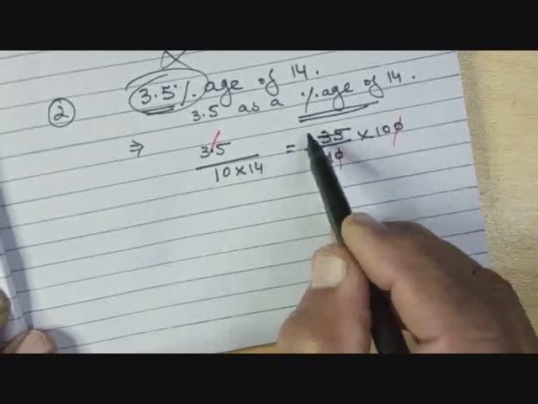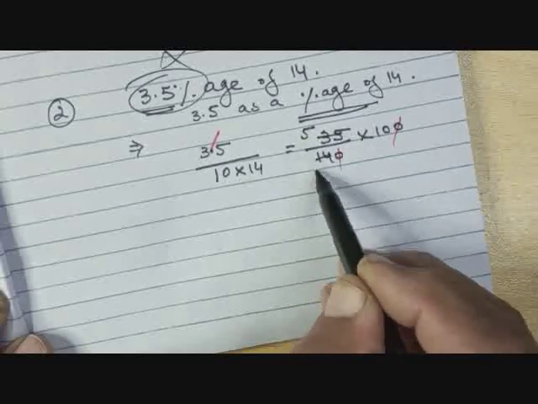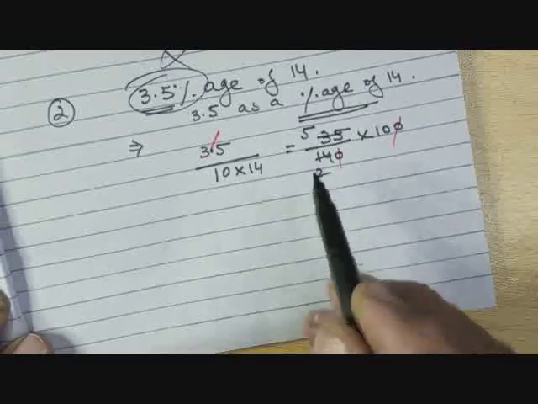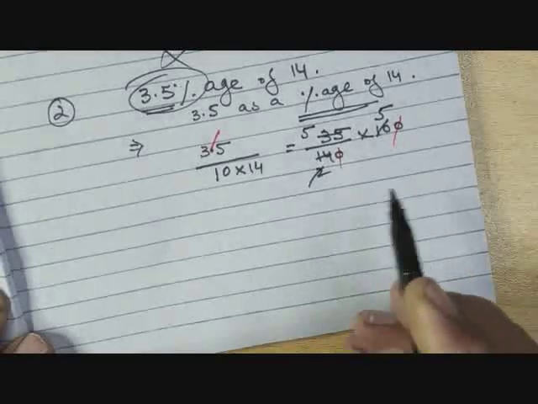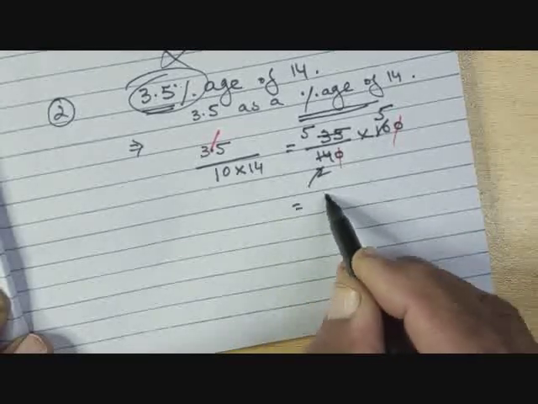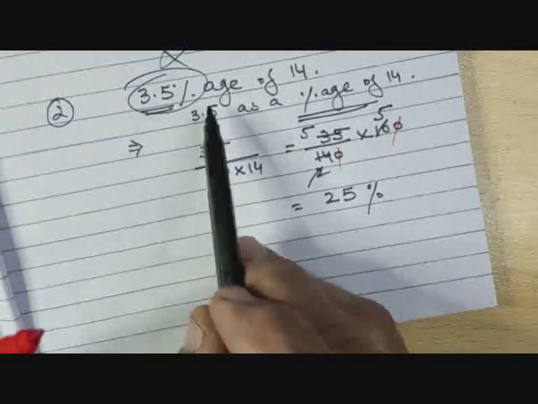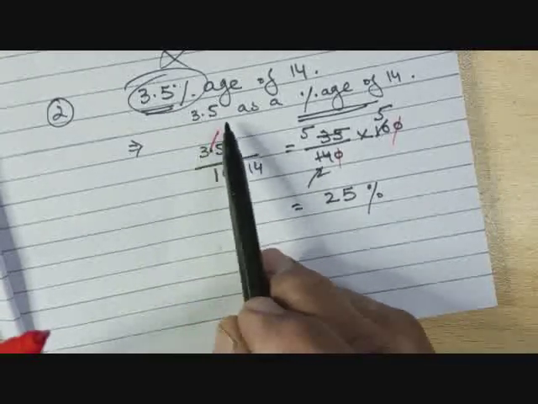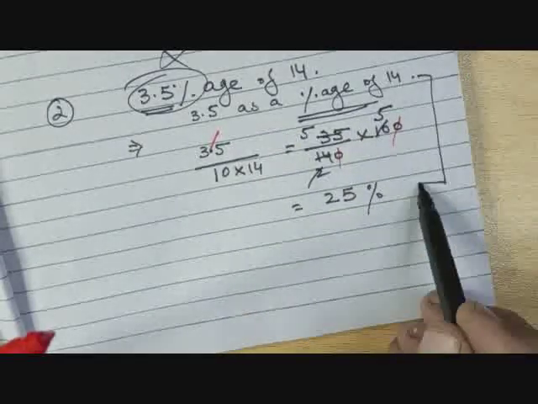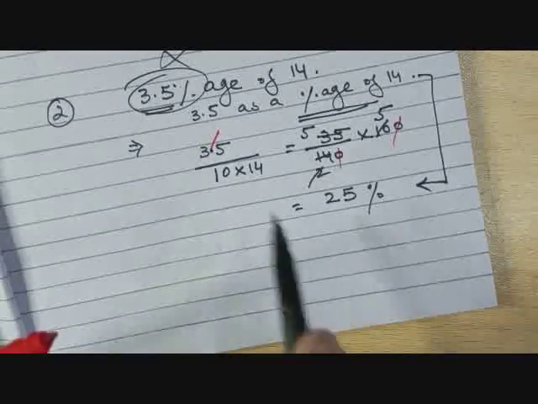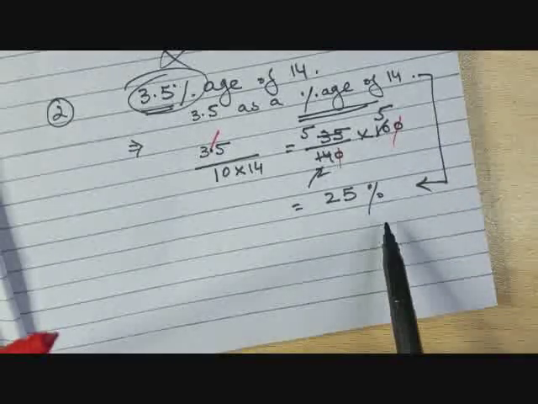Seven fives are 35, and seven twos are 14, and two fives are 10. So it becomes 25%. 3.5 as a percentage of 14 is 25%.